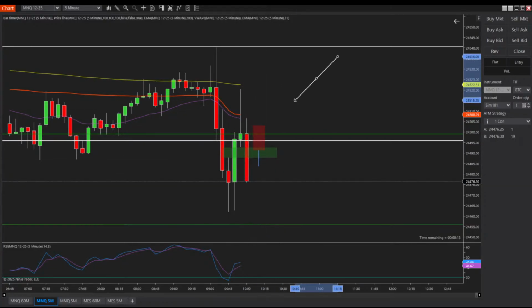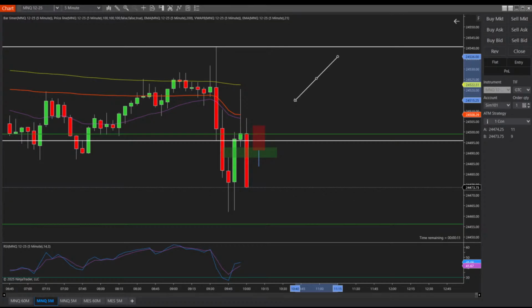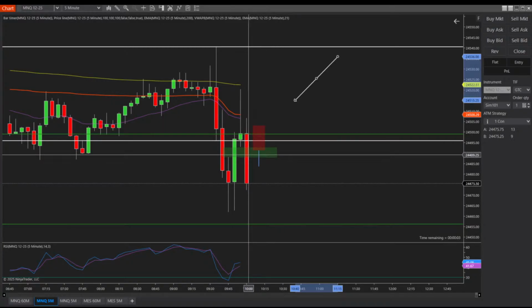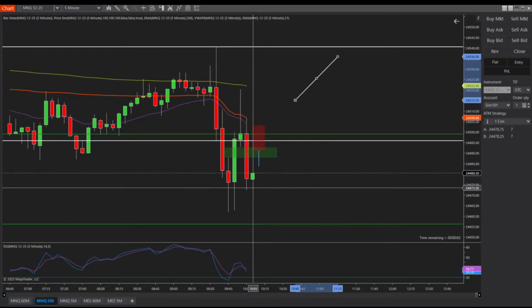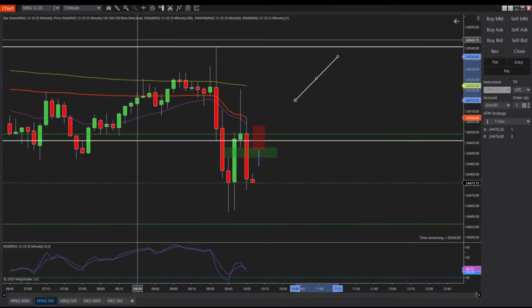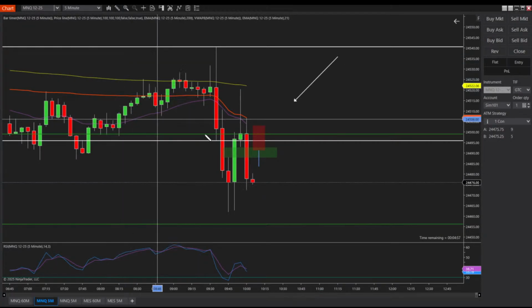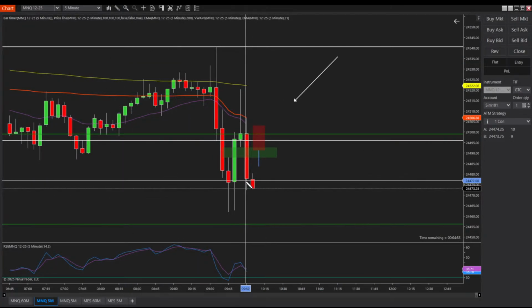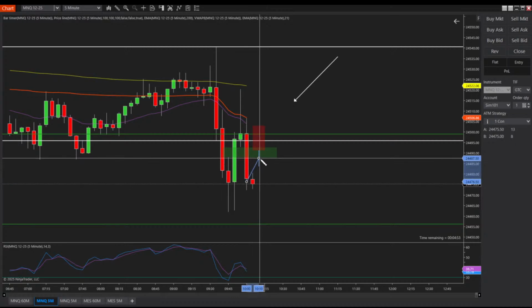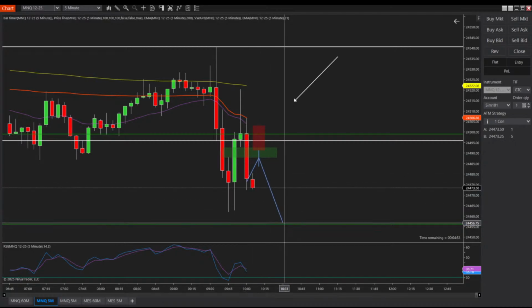And if we close below it like it is going right now, then I would be leaning short. I know that because we disrespected this gap, we could potentially have a pullback and continuation to the downside.